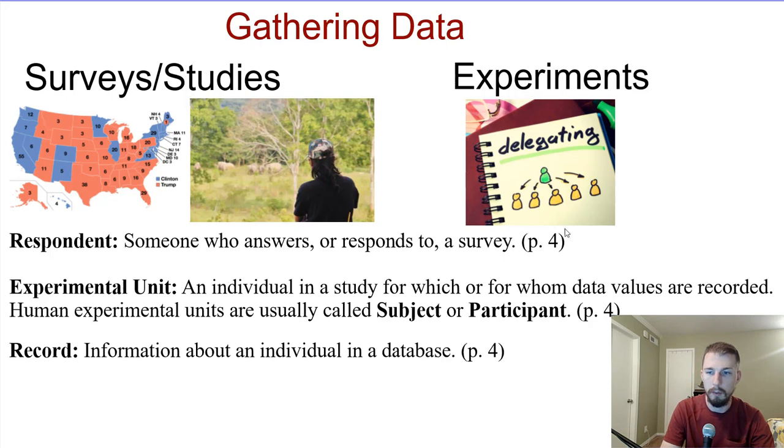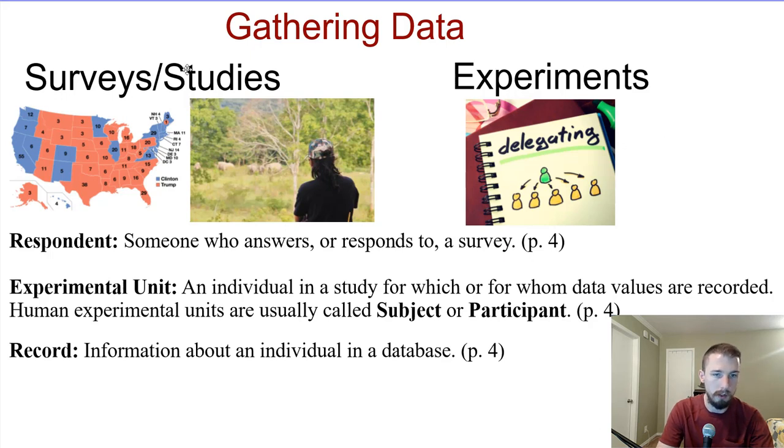Then, when we're dealing with experiments, this is where we can prove a causal relationship, as long as we're randomly assigning treatment groups. So this is what we use with placebos in your science courses and such. We'll get more into those details later on. A respondent is someone who answers or responds to a survey.